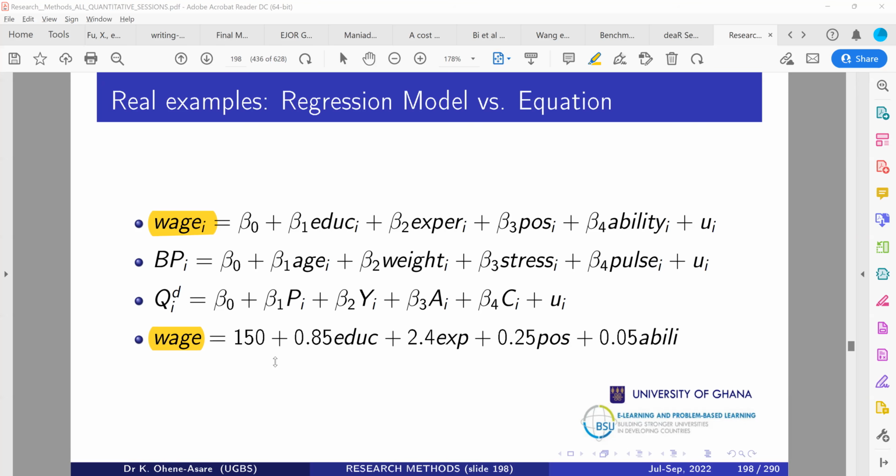Whereas the one without the regression model has its numerical values stated, that their coefficients are stated clearly. And also the one with the regression model has the error type, that is the U, whereas the second one does not have the error type attached to it.